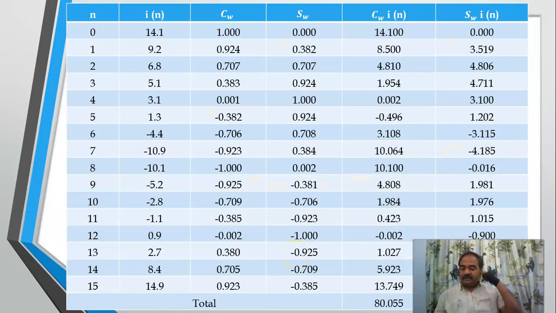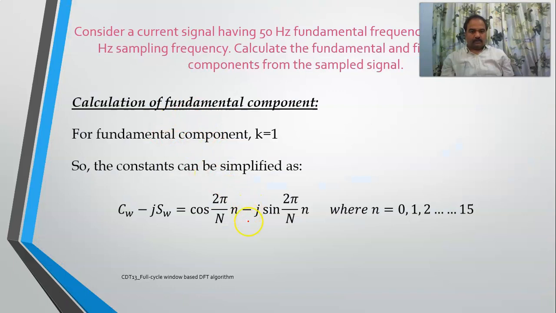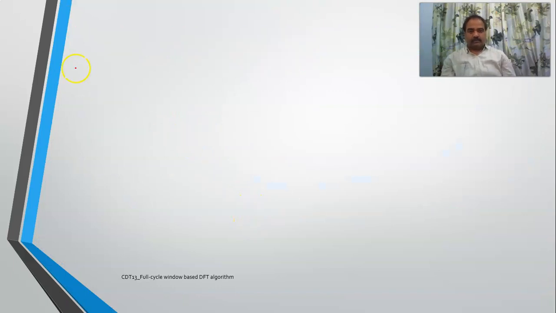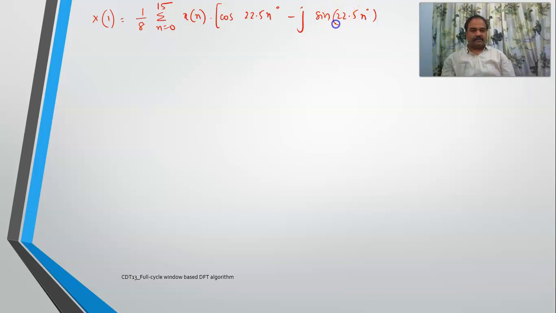Now I will try to represent it in the form of an Excel sheet. So what we have obtained now is X of 1 is equal to 2 by 16, which is equal to 1 by 8, sigma n is equal to 0 to 15, x of n into cos of 22.5 n degrees minus j sine 22.5 n degrees, right?